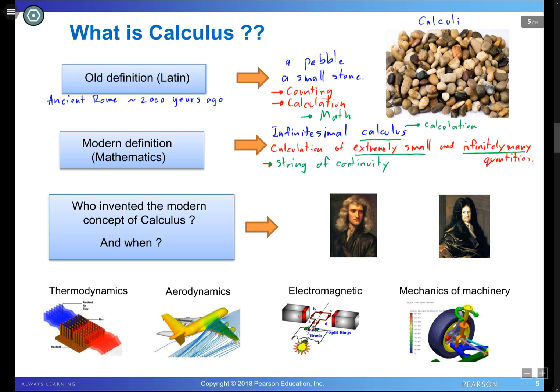It's like you connect all the dots and in the end it becomes a line. So the string of continuity is the concept of something being continuous. I'm going to write it down right here: string of continuity leads to the idea of something being continuous.